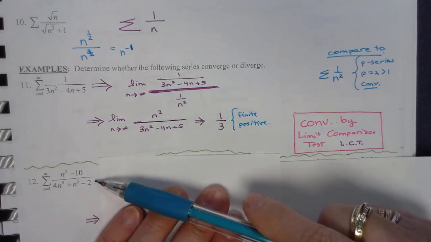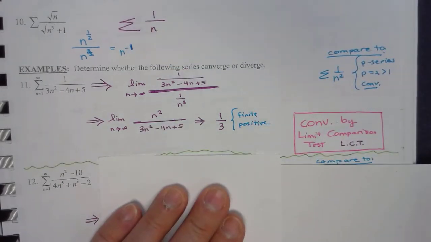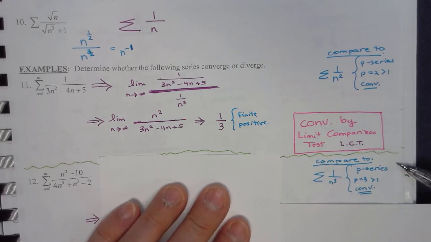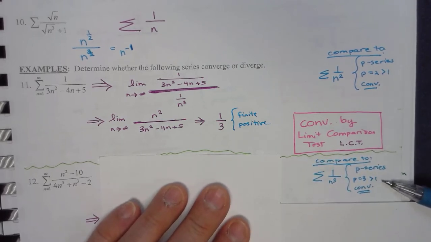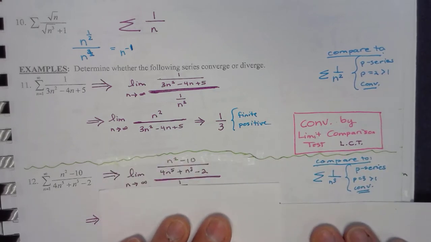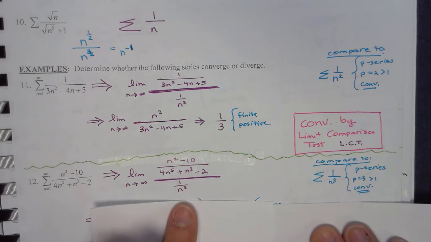Example 12, which was actually number 9 up at the top of the page. We're going to compare this to 1 over n cubed, which is a p-series where p is 3, which is greater than 1, and it converges. So here we go. The limit of the series we're interested in over the series we know.